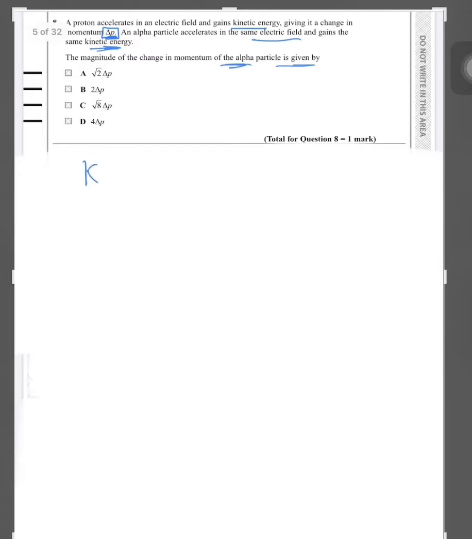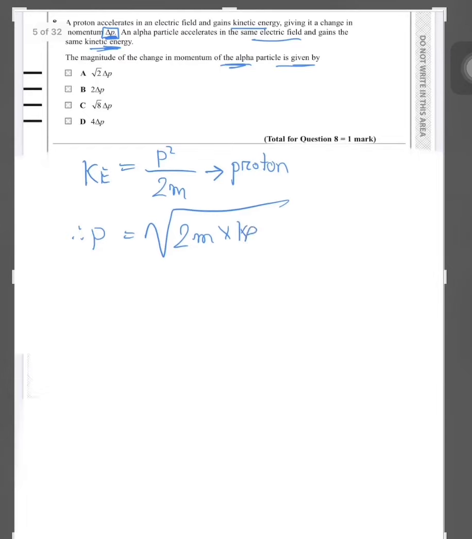So we know that K equals P squared by 2m. So let's assume this is for the proton. So the momentum would be root over 2m times K. The momentum of proton is this.